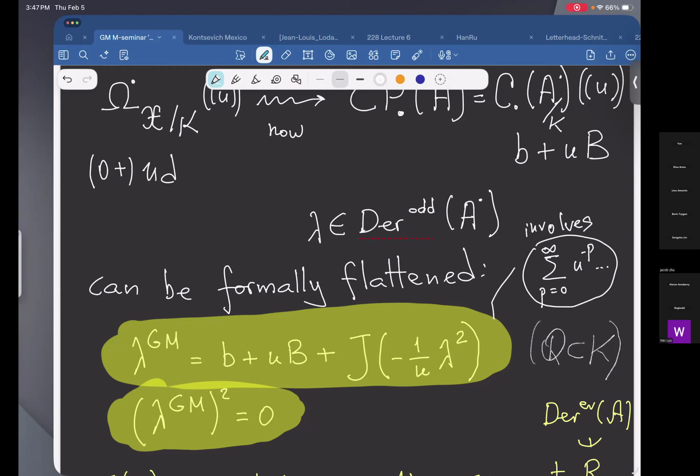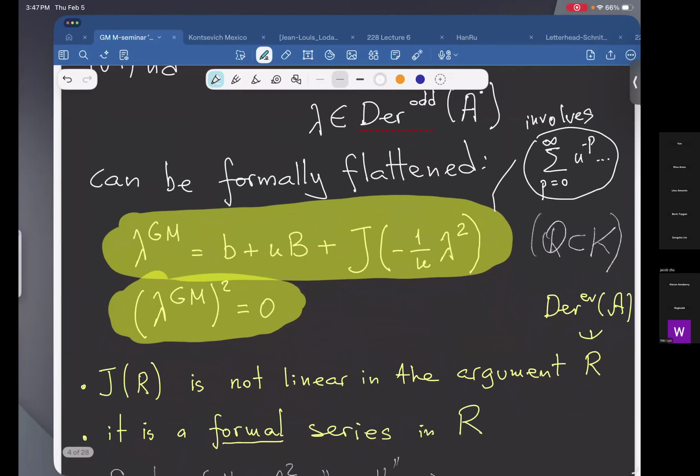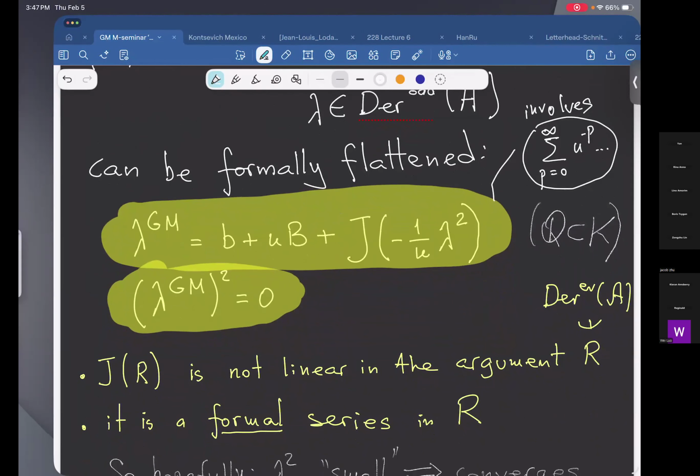So one has to be careful. Like we already saw with the exponentials, one has to be careful whether such a thing exists. And again, the intuition is that when lambda square is not zero, we have to flatten it, but when lambda square is small, then you can flatten it as an operator on the periodic cyclic complex.